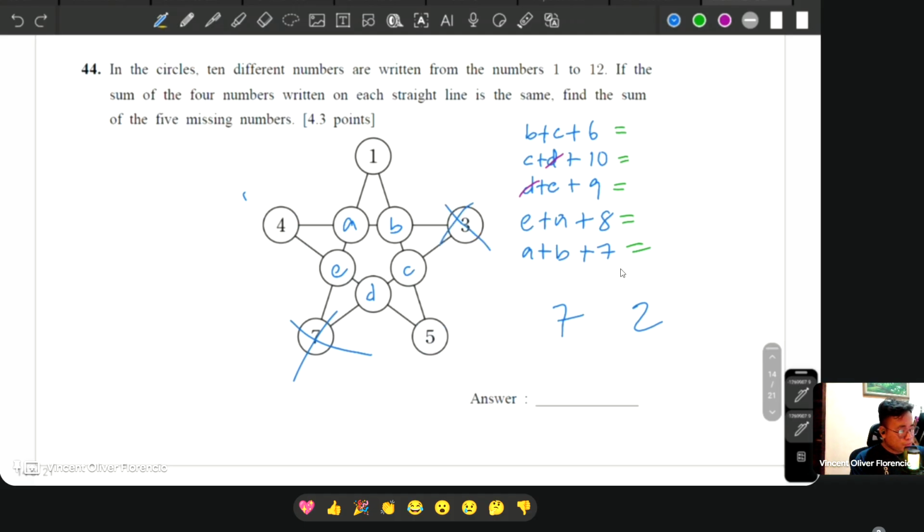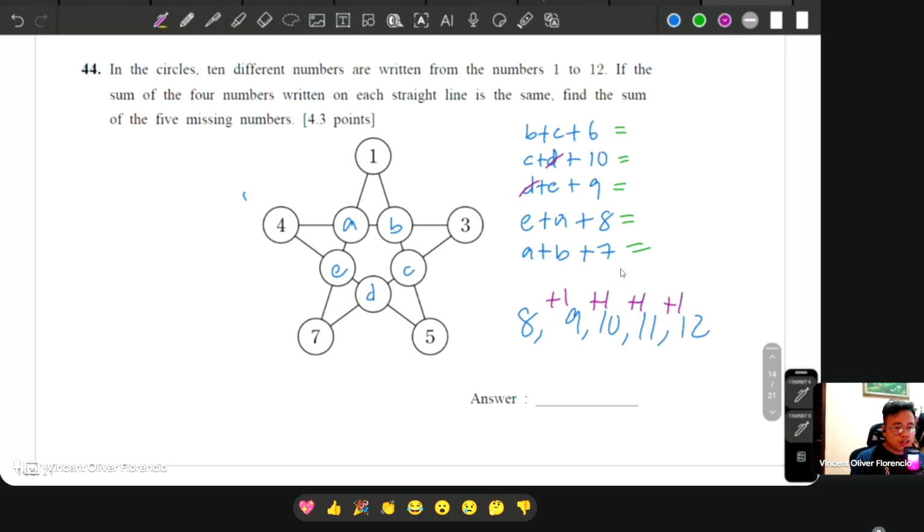The only possible way here that we can have the answer is what? We use 8. 8 is possible, right? 9, 10, 11, and 12. Again, 1 to 12. Their difference here is just always 1.